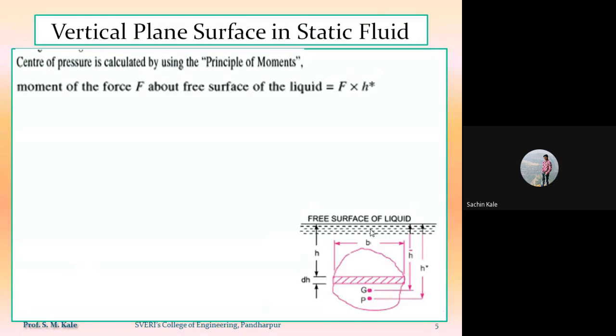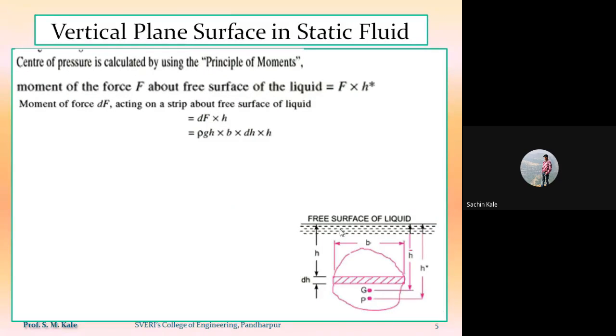And the sum of moments of all the forces about the free surface can be calculated by using the formula. As we know the small force acting on a single strip, that is dF, which is at a distance h from the free surface, the moment acting on a single strip will be calculated by force into perpendicular distance. Force is dF, perpendicular distance is h, whereas force dF is given by the equation rho g h into b into dh, and here multiplied by h.